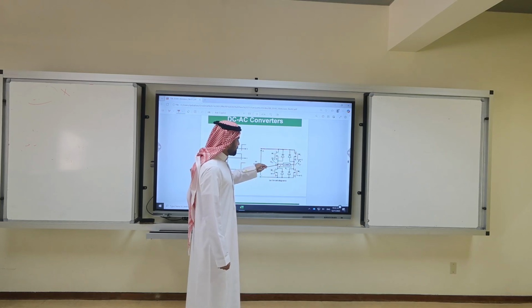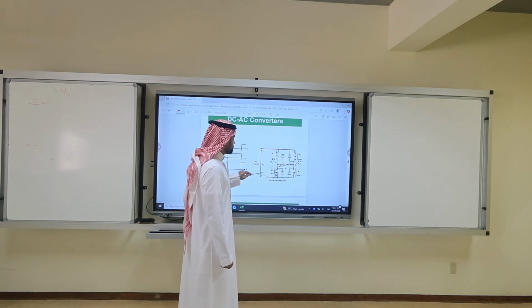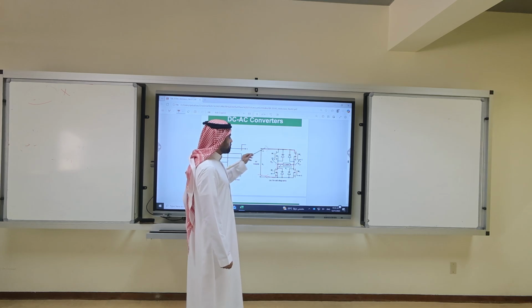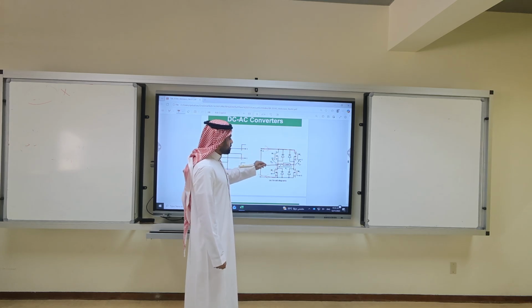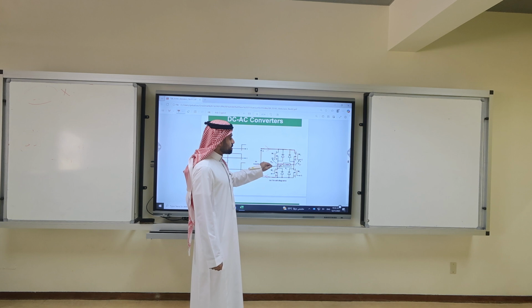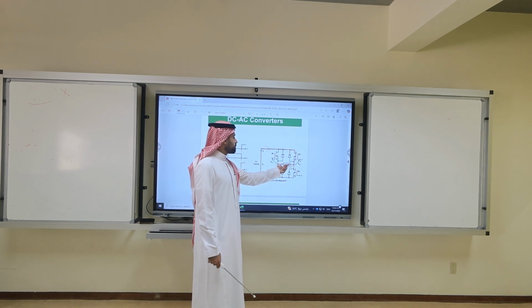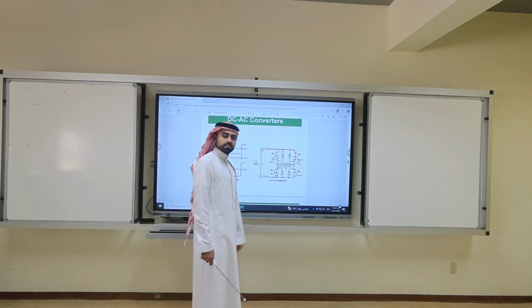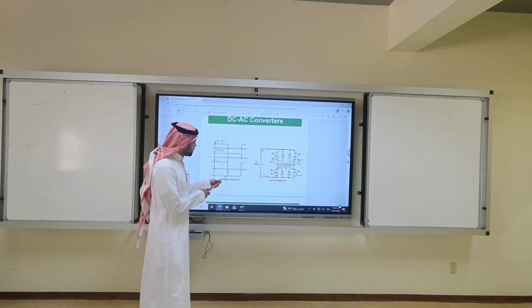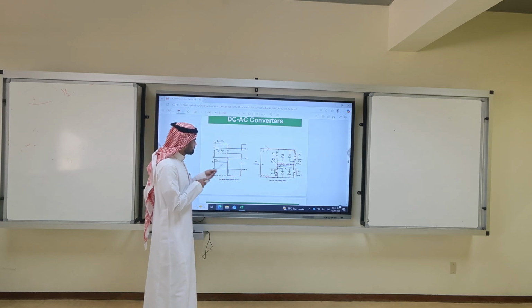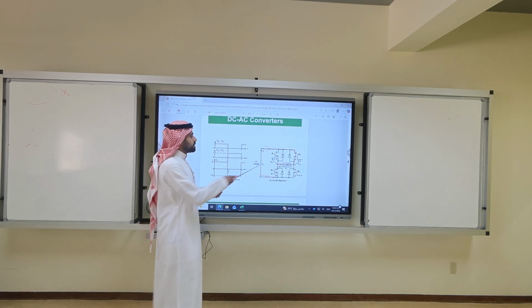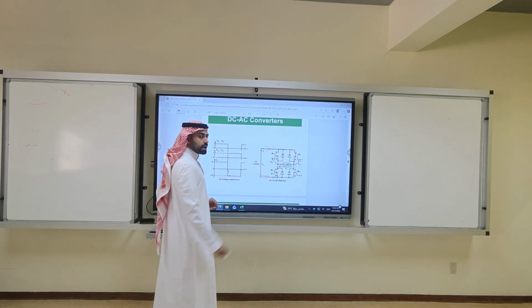So the current will go through M3, but V output is negative, so V output is equal to minus Vs. These are protection diodes, anti-parallel diodes for protection.